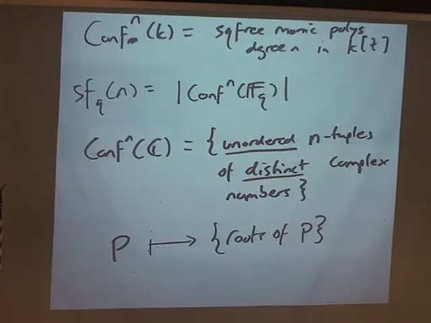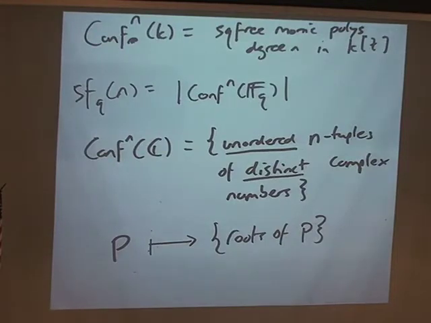If I give you n complex numbers in a bag, which I'm allowed to shake up, and all I know is that they're all different, you can multiply together (t minus z_1) up to (t minus z_n) and get a square-free polynomial. And it's easy to check that because everything is monic, that's a bijection, and a polynomial is uniquely determined by its set of roots. So the reason this is called Conf, short for configuration, is because we think of it as a moduli space for configurations of endpoints.